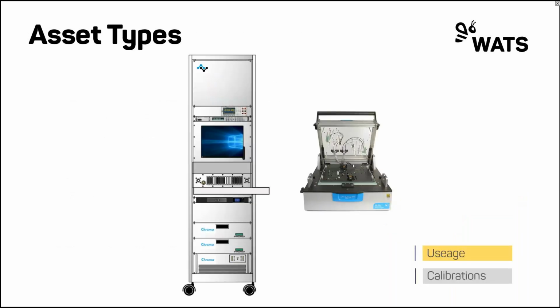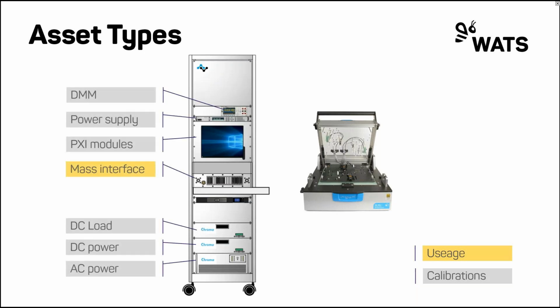So let's have a quick look at different asset types. This is just an example. They may look different, of course, but this is a Virinco test station and one of our fixtures. And in our ATE, we have a lot of instruments that require calibrations.